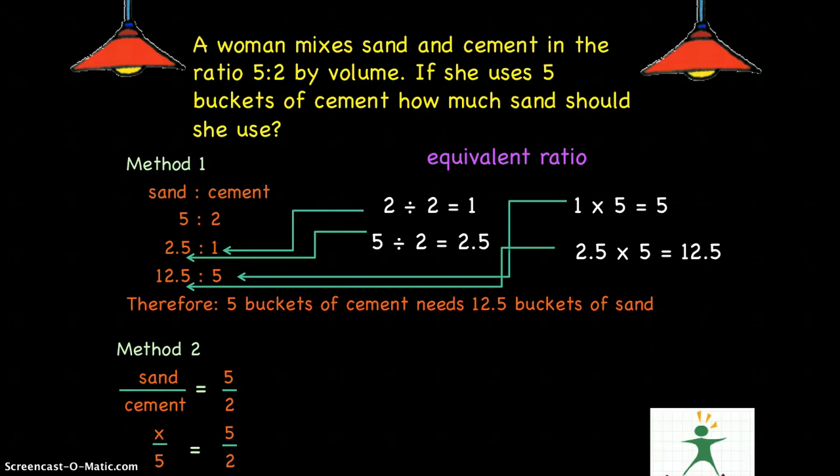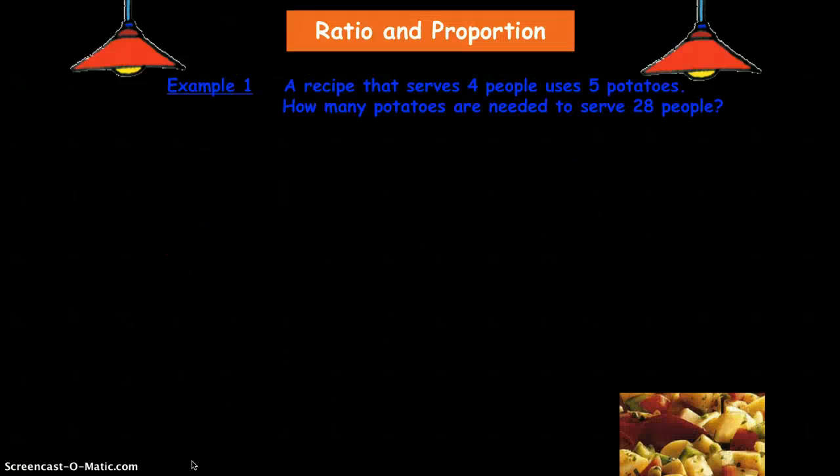We're missing how much sand, which is what we are looking for. So that's our x. And we know that we want to find out the cement, 5 buckets. Use cross multiplication, the one that you learned a while ago. And from there, you will have 5 over 2 times 5, and you will get 12.5. Okay, 12.5 buckets.